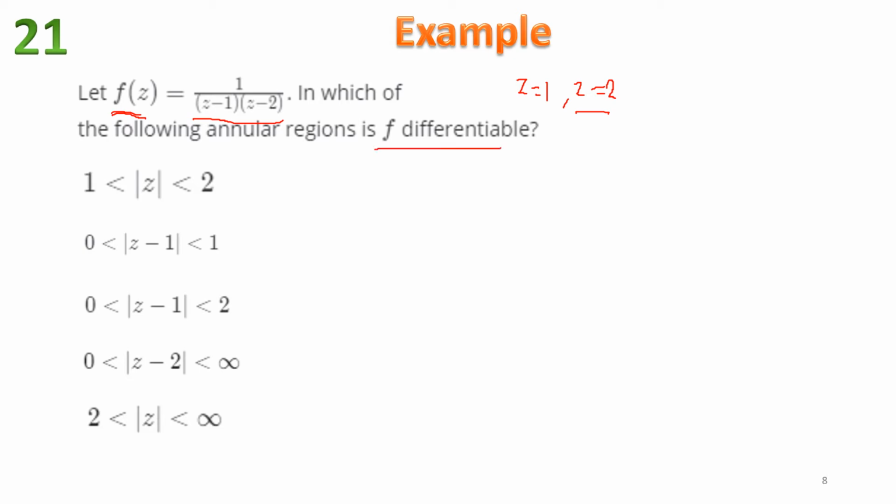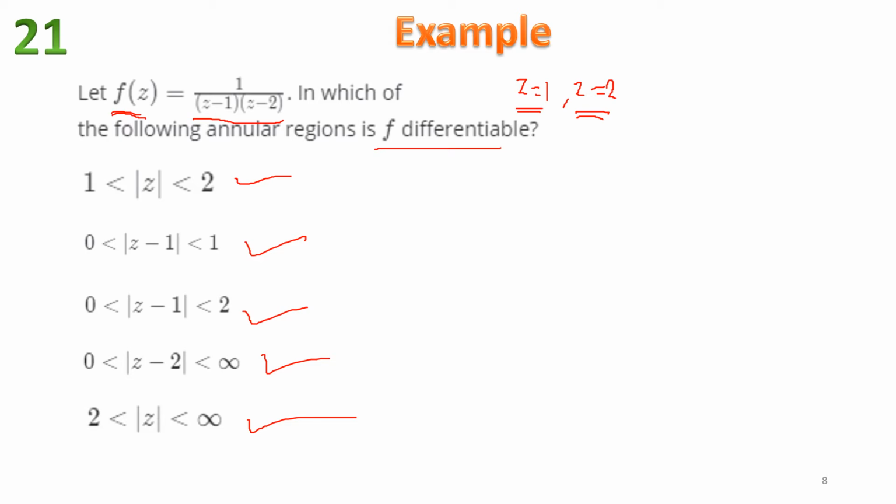So here we have different regions which are defined by mod of z lying between 1 and 2, and so on and so forth. For all these regions which are defined mathematically, you have to understand whether z equal to 1 and z equal to 2 are included in that region or not.